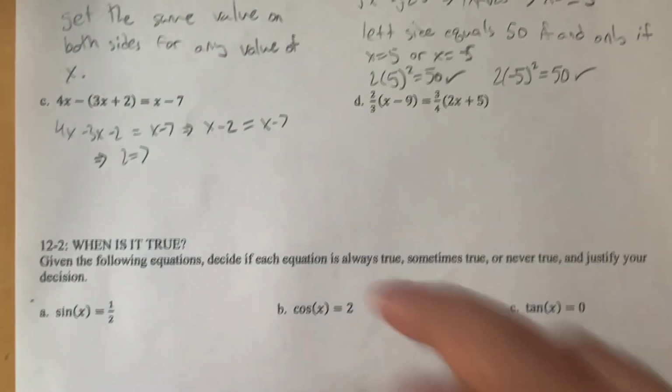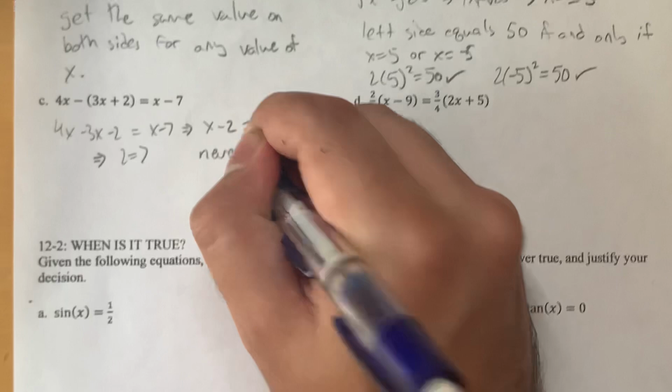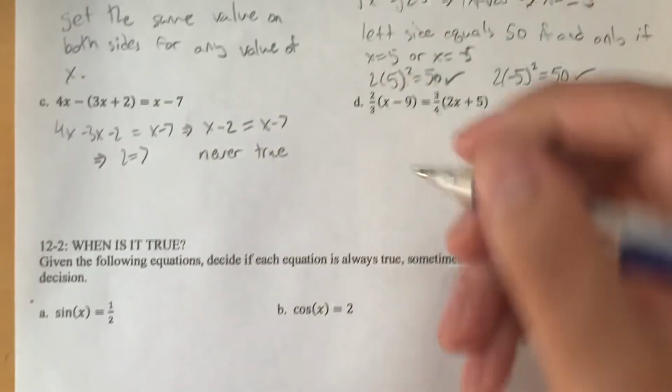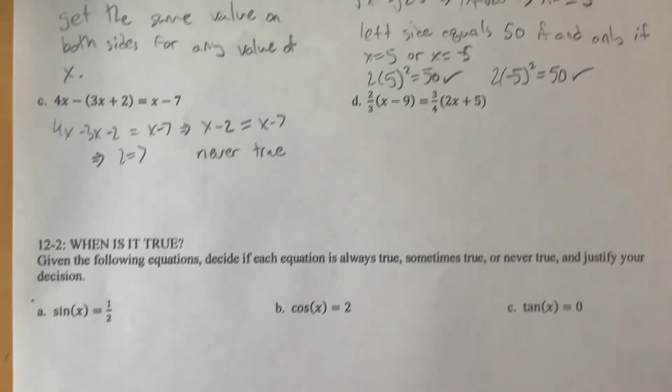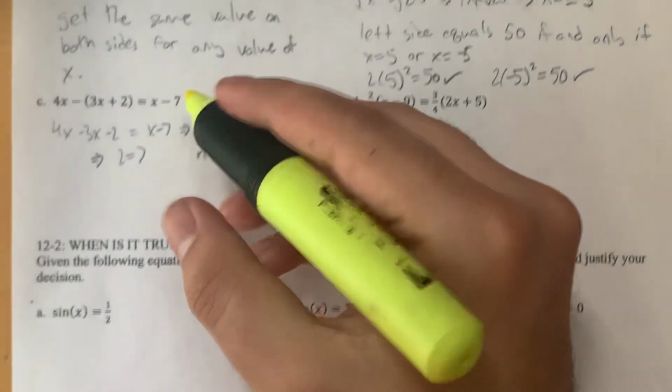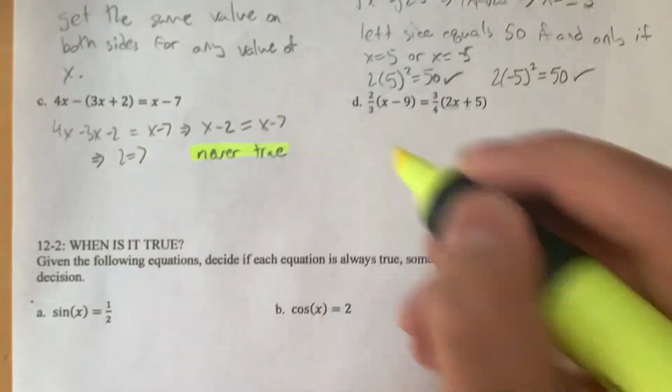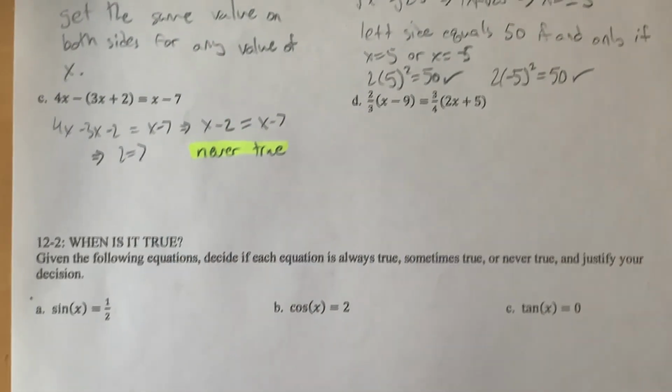So I know that this is never true because you can never get two equal answers. There isn't a value of x that would make this equation correct. Never true. All right, so now how do I state that in words?